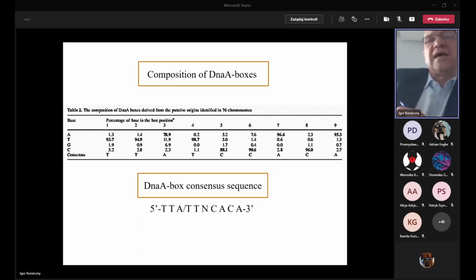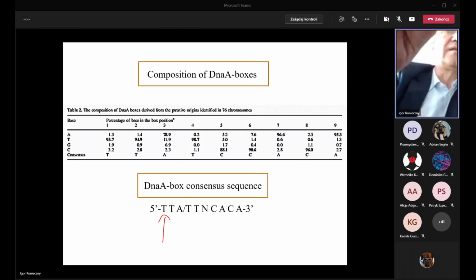We say sekwencja najwyższej zgodności. This provides the probability that the protein would interact with a piece of DNA with T at the beginning. Let's say that this is 93.7% probability.